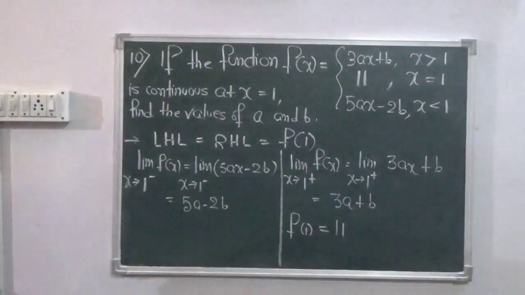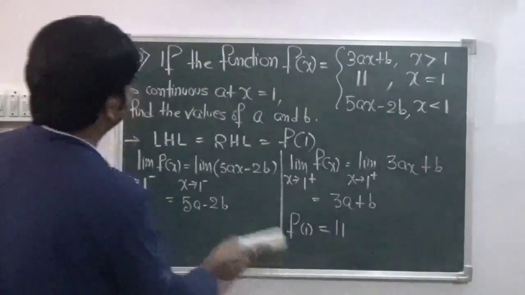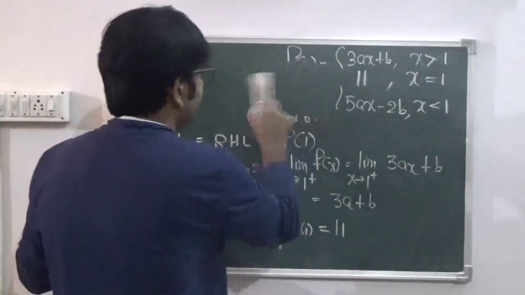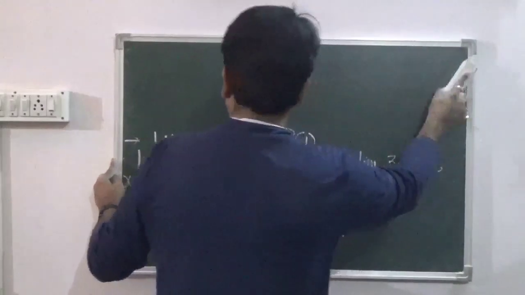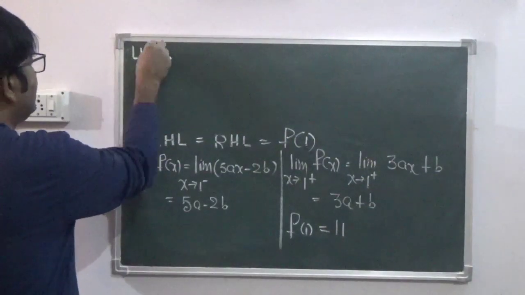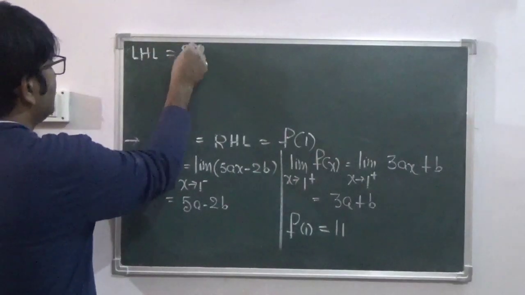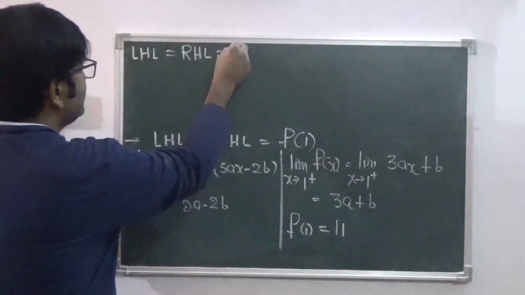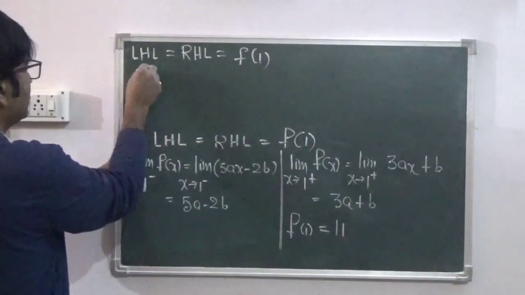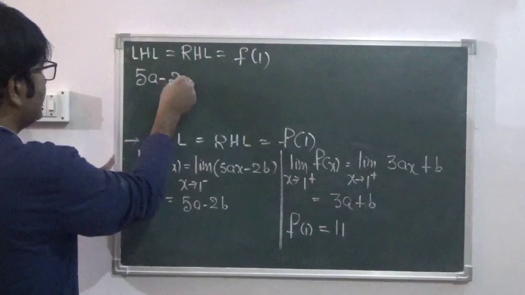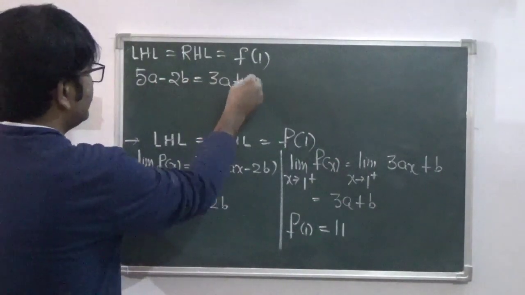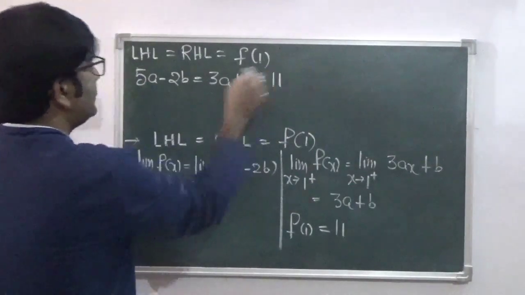So we can write, I am rubbing the board here, no space to write. So we have the left hand limit is equal to the right hand limit is equal to f of 1. So you can write 5a minus 2b is equal to 3a plus b, and that is equal to 11.